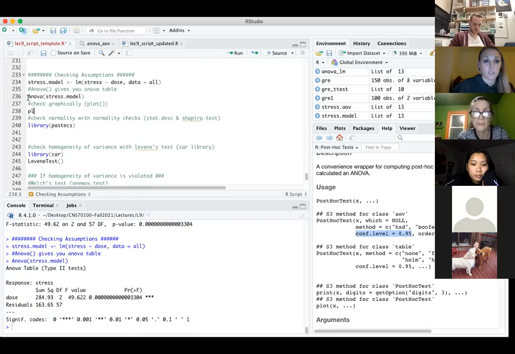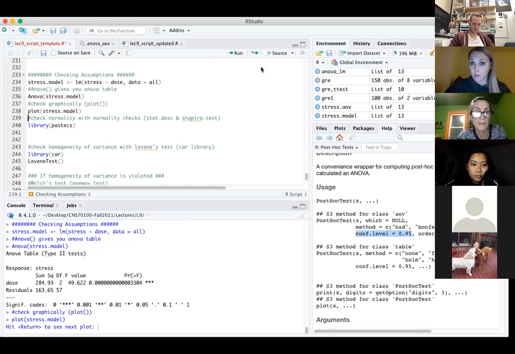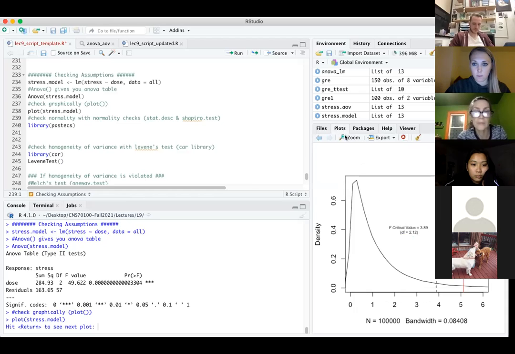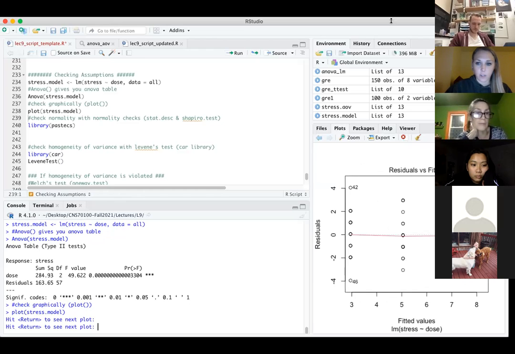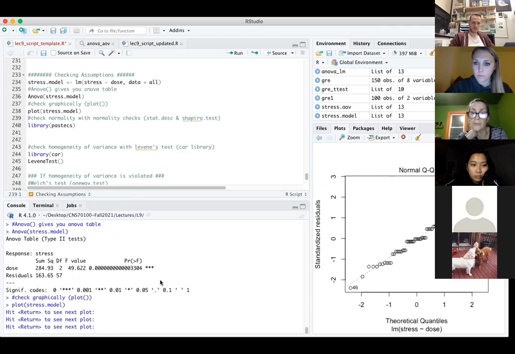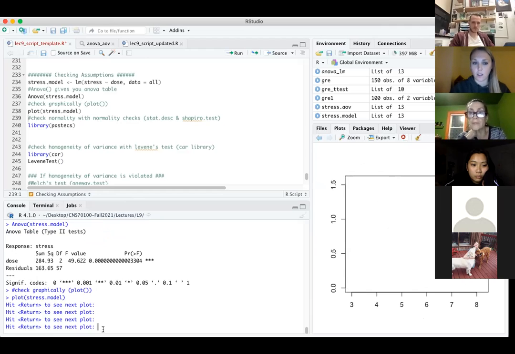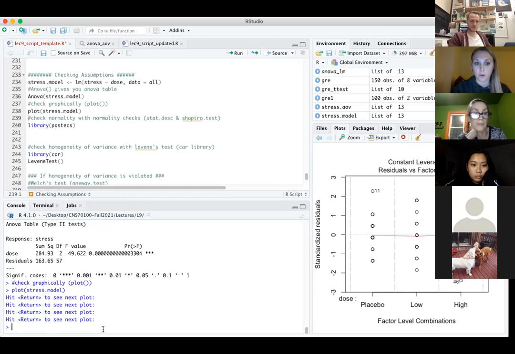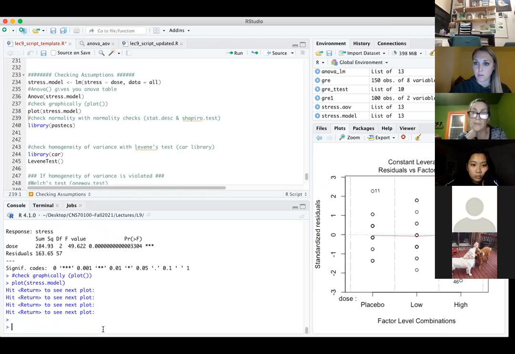And then if you just do plot of the stress model, now over here in our plot window, we should have it. There you go. You have to hit return, and it'll plot through all of these plots.